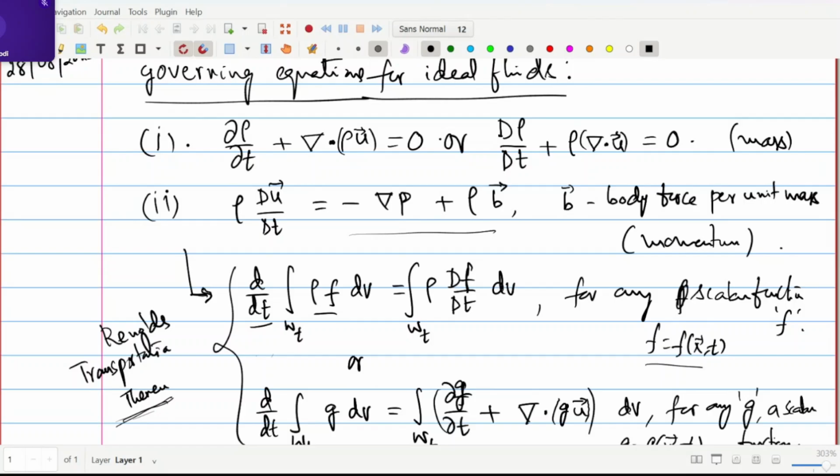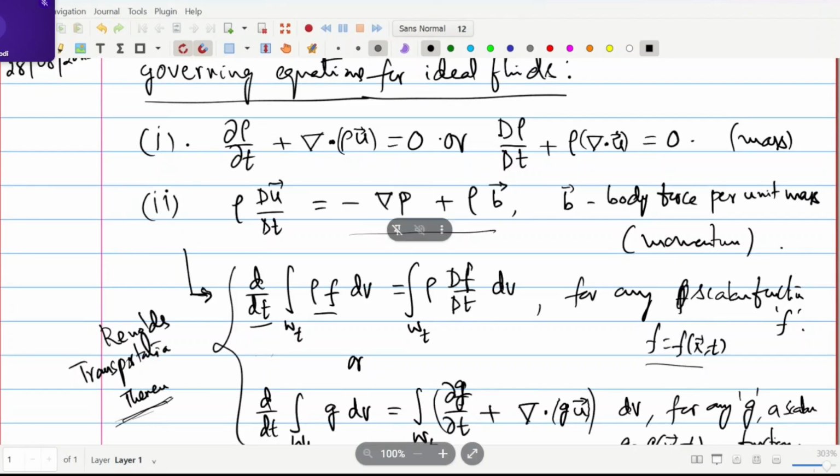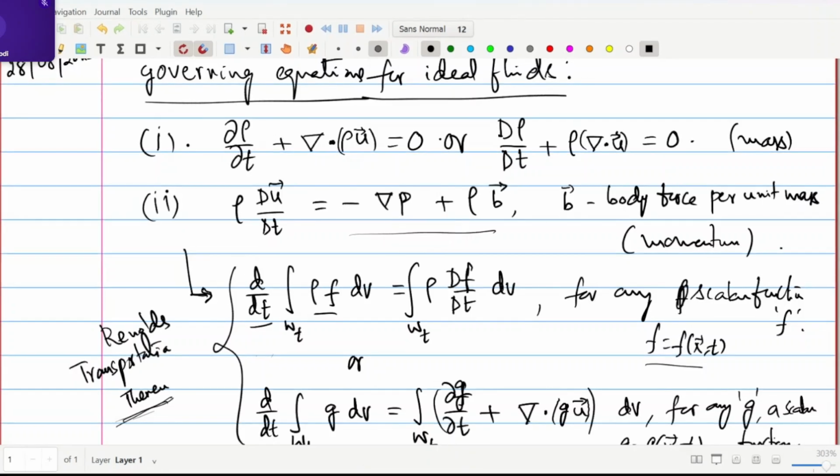If nothing is given, it is the gravitational force, rho g z or something. We'll see that one. The body force b bar is basically a force that you have to write.